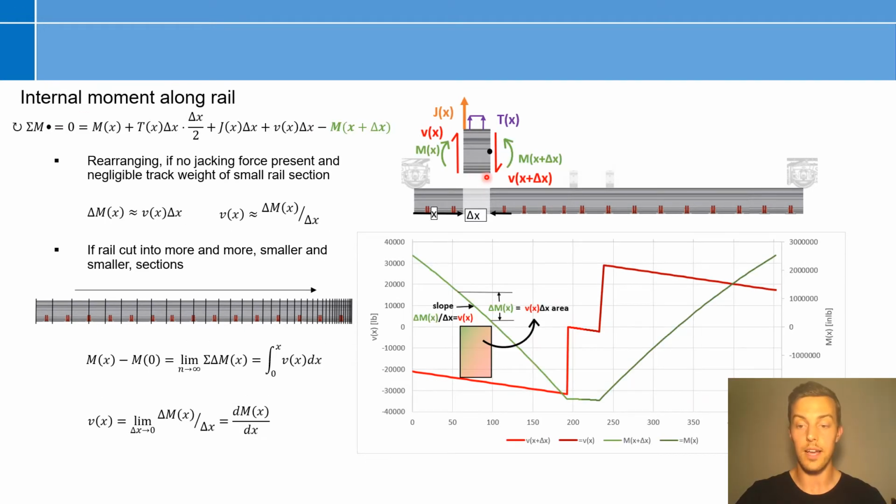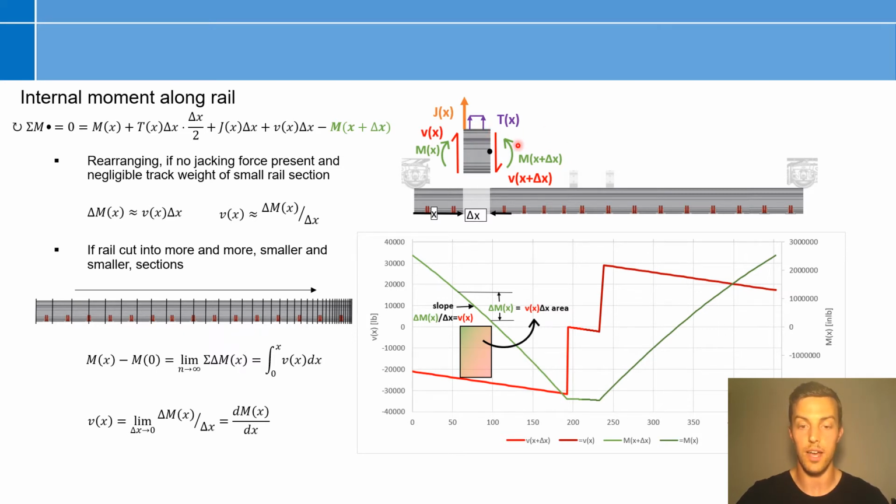So now we can take that same arbitrarily small section and look at the internal moments or torque around a certain point. And we can see that the internal moment transferred from the left and the shear and jacking force applied at that small distance is going to directly equal the internal moment of the next adjacent section, if we assume the load per unit length is small in comparison.